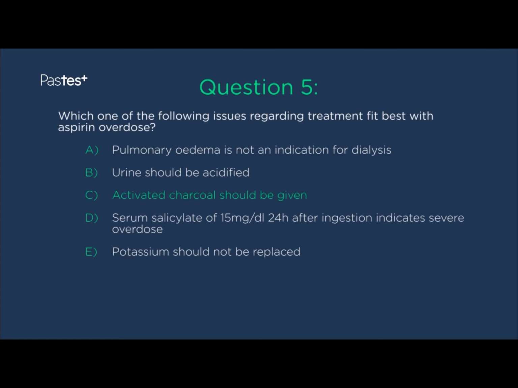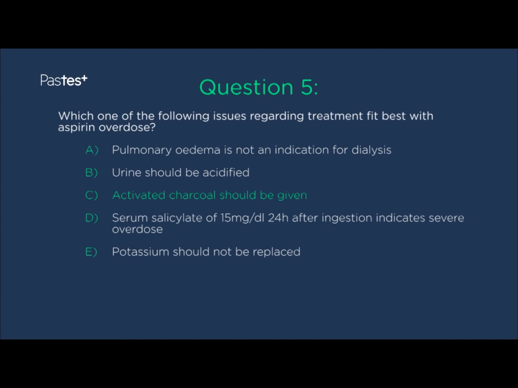So his level is 110 and he's presenting with aspirin overdose. Charcoal actually can be used even though it's more than 4 hours. It is debatable, but some studies have shown that with aspirin, multi-dose activated charcoal can be used, and so C would be the right answer. Pulmonary edema is not an indication for dialysis, and that wouldn't be the case here.